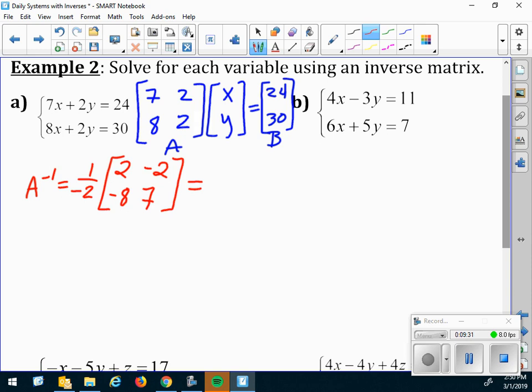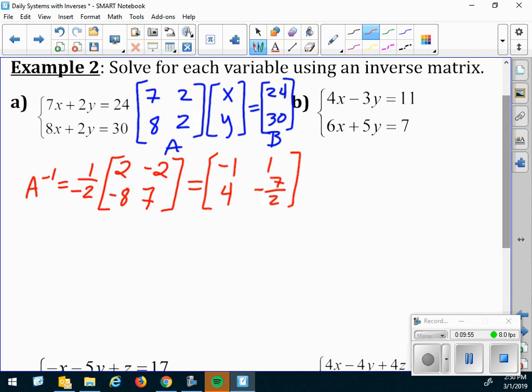Now all those are going to be nice except one, and it's not terrible. We're going to multiply every one of those 4 elements by -1/2. What are we going to get? -1, 1, 4, -7/2. Yeah, there you go. That's A inverse.